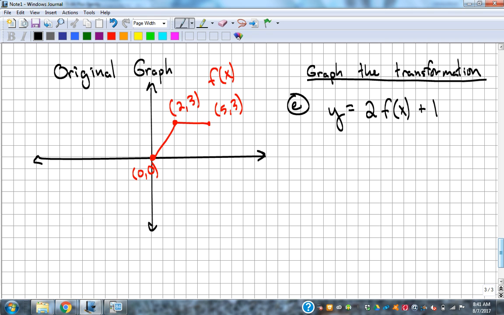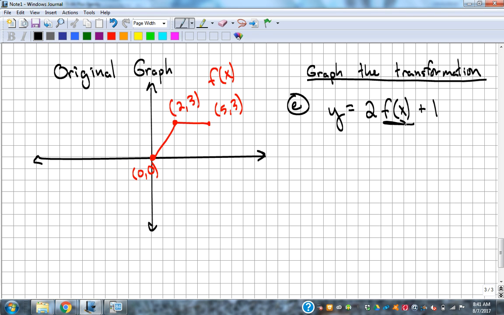So if we think about order of operations, which one would happen first, adding 1 or multiplying by 2? Multiplying by 2. Because order of operations, we did this in Algebra 1 on Friday. Multiplying comes first. So we're going to do that 2 first. What's the 2 multiplying by? It's y.